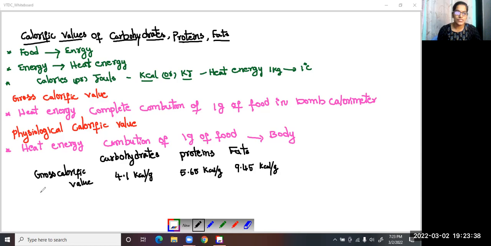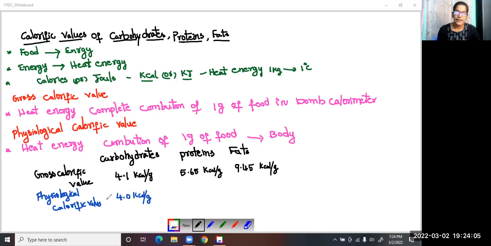And next, the physiological calorific values. For carbohydrates it is 4.0 kilocalories per gram.